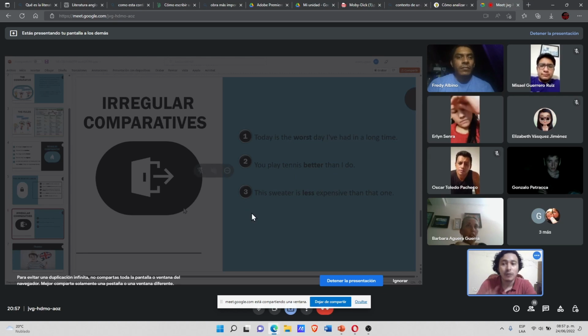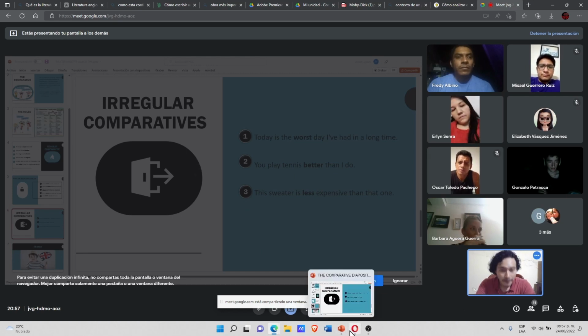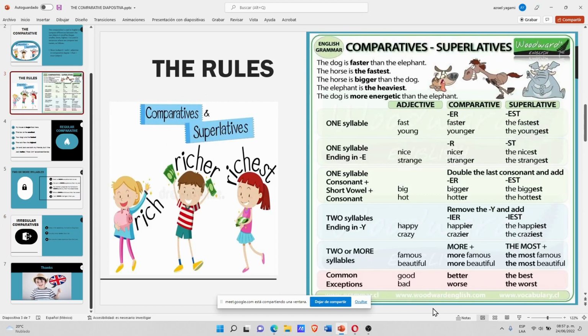The adjectives are worse, better, and less. In this case, we compare. Good, better, and the best. Bad, worse, and the worst. An adjective normal, good, comparative better, and the superlative the best.